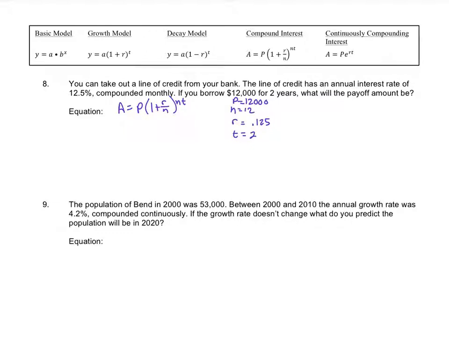So if we plug that in, we've got A equals 12,000 times 1 plus 0.125 over 12 with a power of 12 times 2, so 12 months times 2 years. If we plug that into our calculator, we end up with $15,388.39.